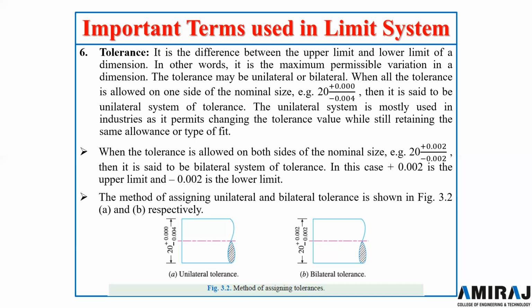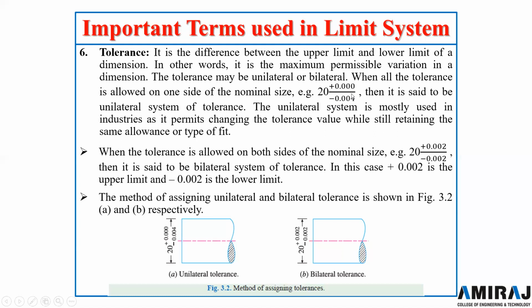Unilateral is when all the tolerance is allowed on one side of the nominal size. Here the first tolerance is 20.00 and another is 20 with tolerance minus 0.004, which means 19.996.